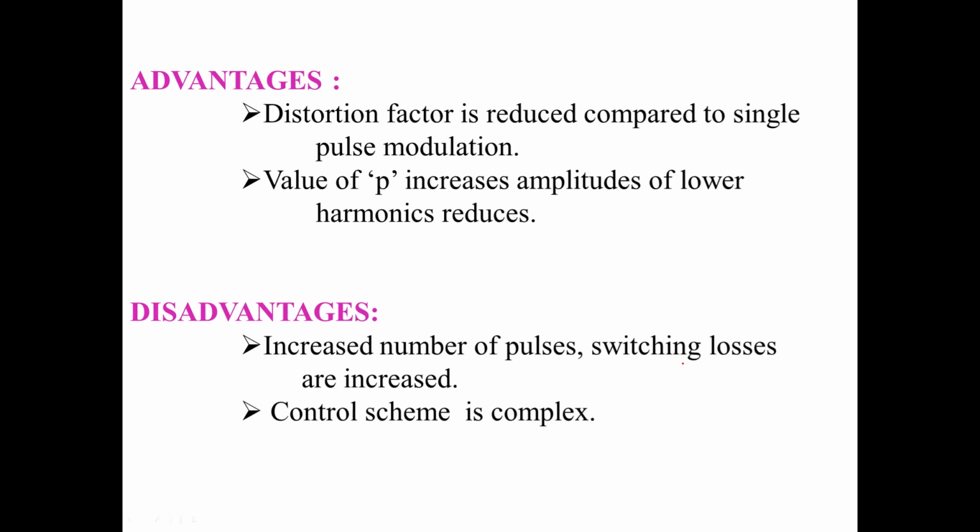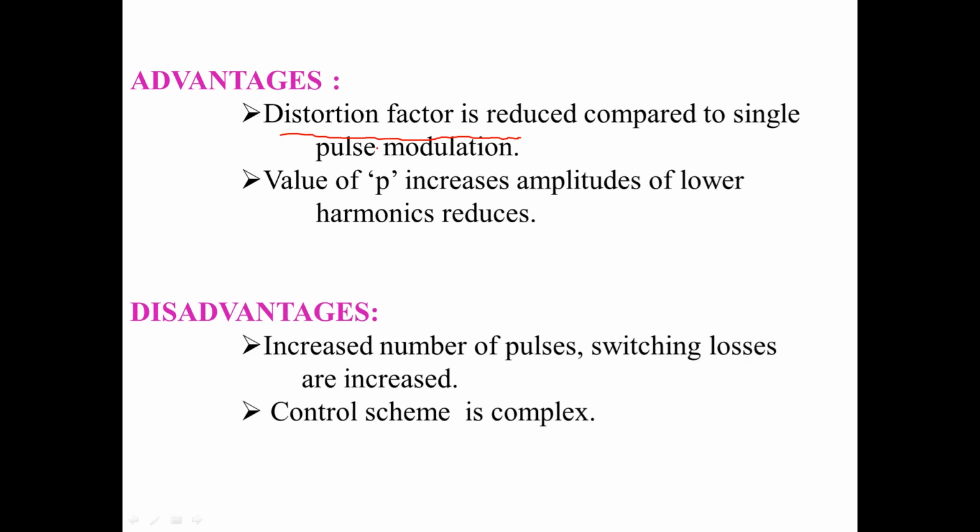Some advantages are there. The distortion factor is reduced compared with single pulse modulation, because, as I told in the first slide, it is similar to single pulse modulation with only some changes for multiple pulse width modulation.